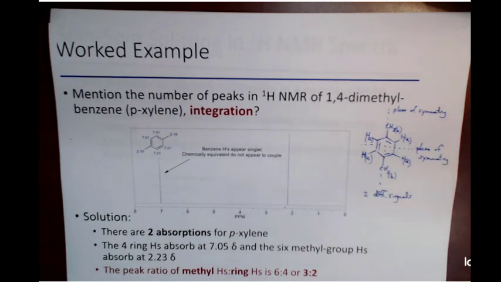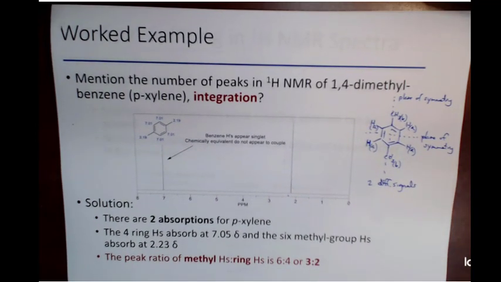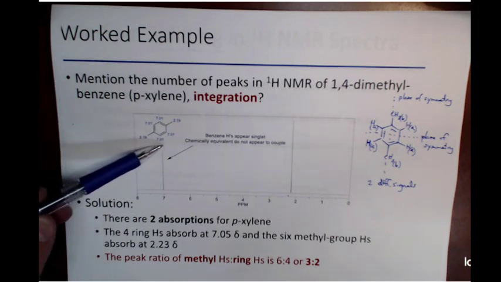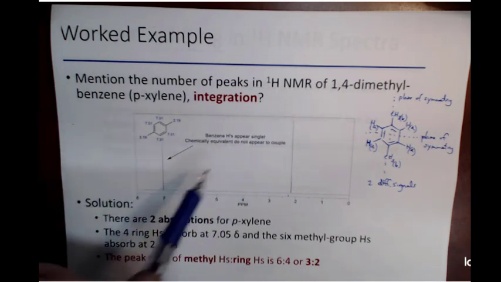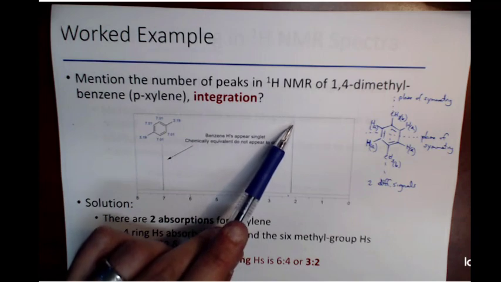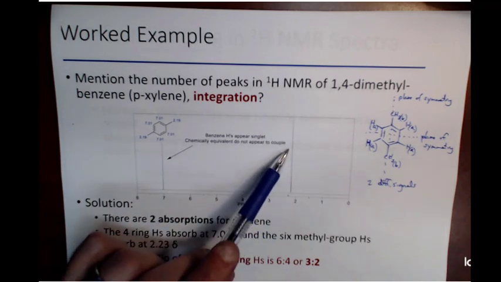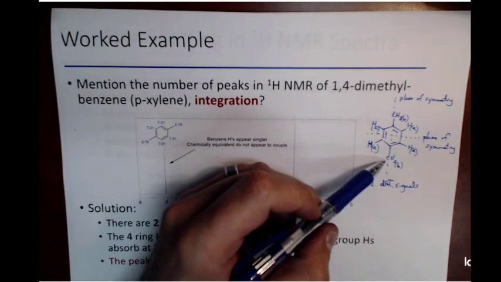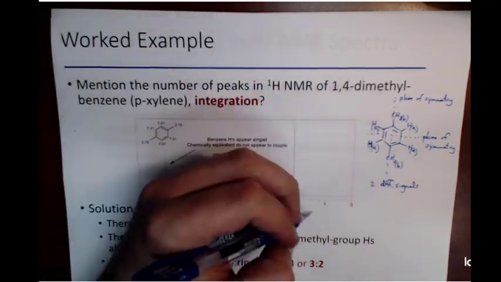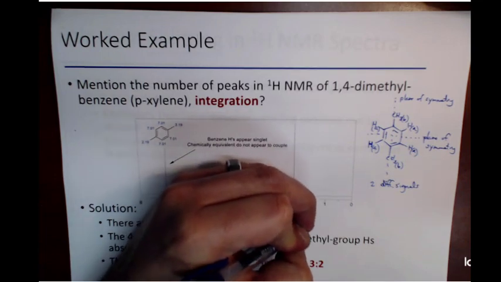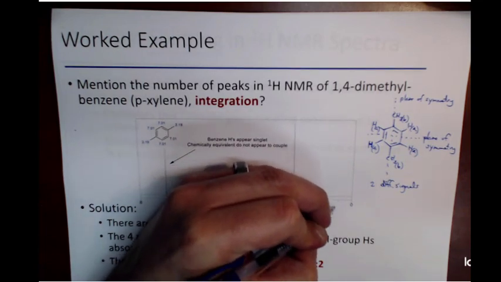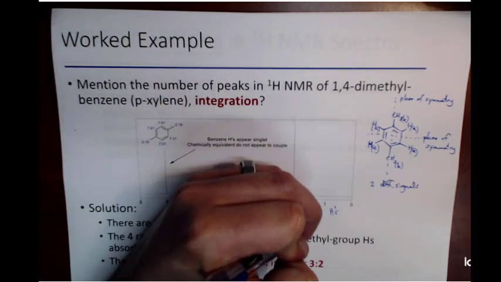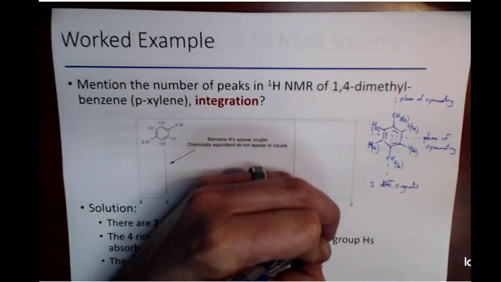Oh, sorry, and then lastly, we need to look at integration here. You notice how the benzene hydrogen peak is smaller, lower than our CH3 hydrogen peak. And that's because, if we go back and look, you have 6 methyl hydrogens, and you have 4 benzene hydrogens that are equivalent, right?